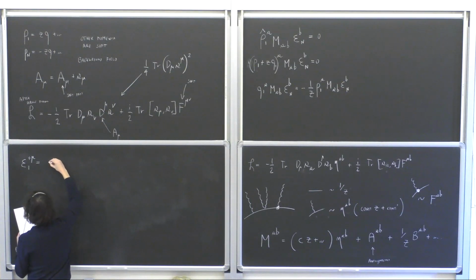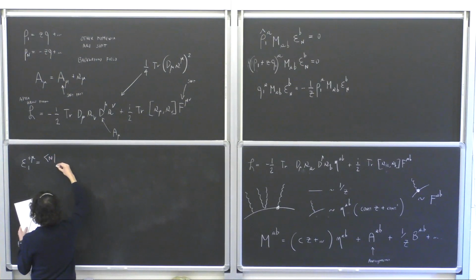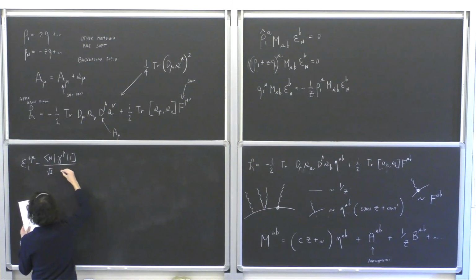So for example, in the shift I gave before, we have that the positive polarization, the unshifted polarization, well, we write it first here. Factor square root of 2 is not important.